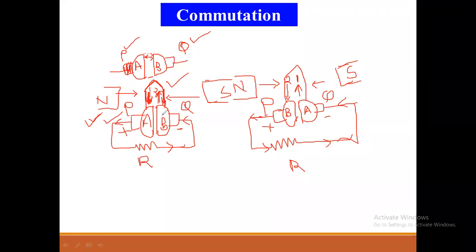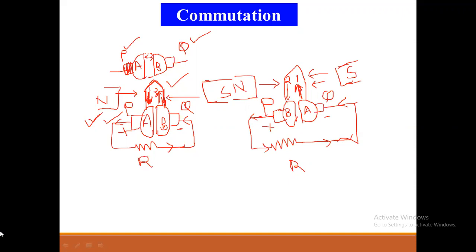When it comes under the S pole, its position has changed. At that situation, what is the direction of current? Upward. See, when it is under the N pole, the direction of conductor 1 is downward. When it is under the S pole, the direction becomes upward, opposite to that of the previous one.